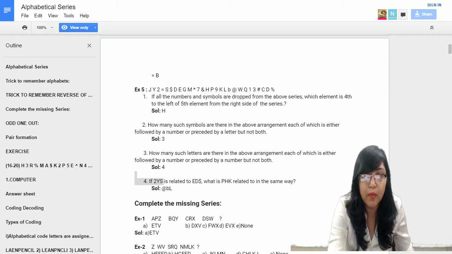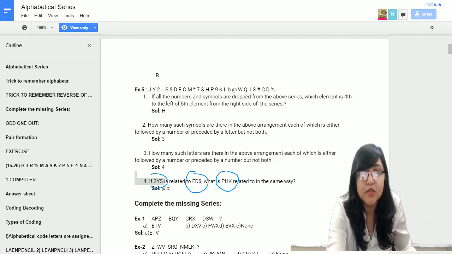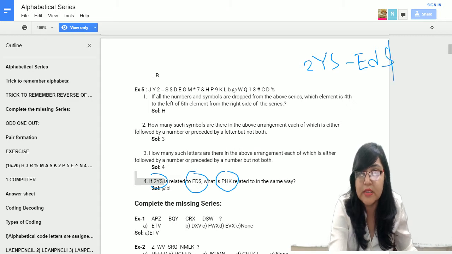If 2ys is related to ED dollar, what is PHK related to in the same way? So in this question it is given as 2ys is related to ED dollar. So what is PHK related to?